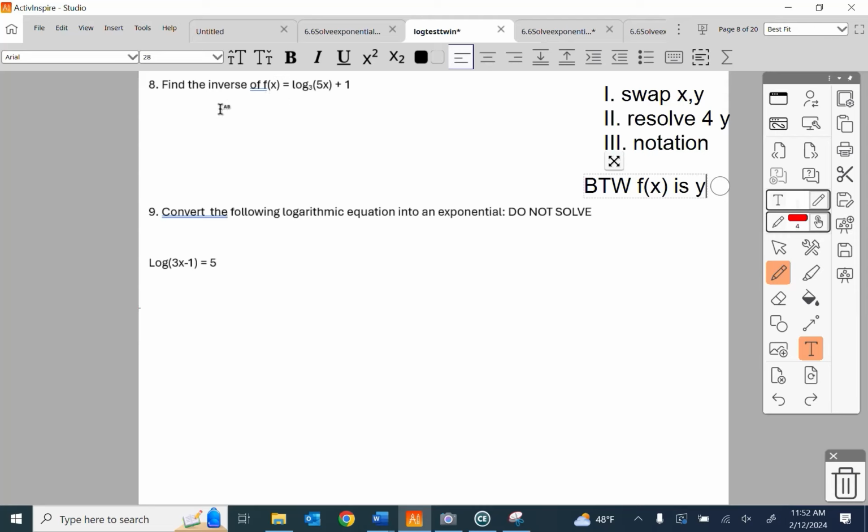Y right here becomes x. The x becomes a y. And there's a plus 1. What I'm going to have to do here first is isolate the log. So I'm going to take 1 away from both sides.